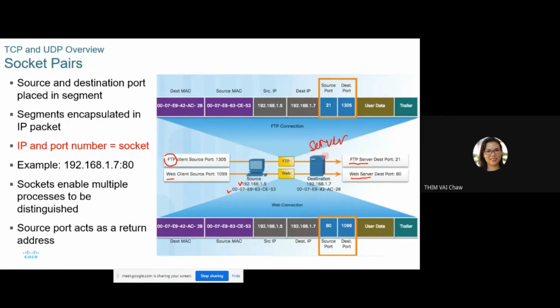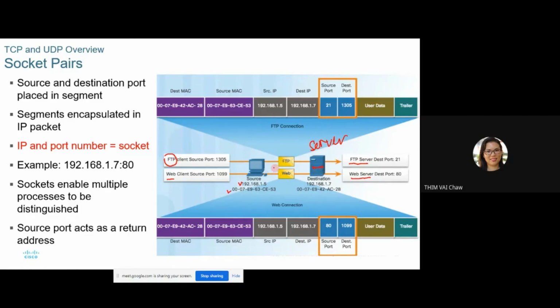It means that physically you see one server here, but logically this server is running two applications, a file server and also a web server. Physically you have one server, but inside you have two different applications.